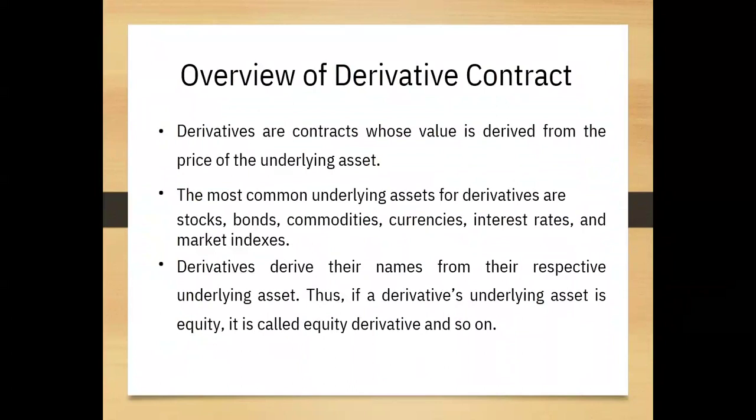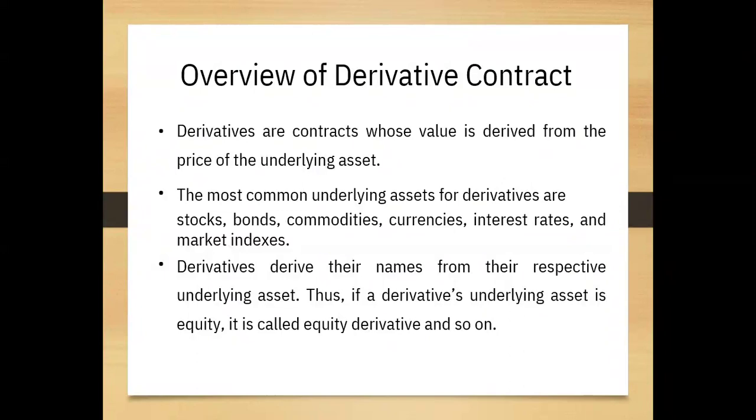The basic and common examples of underlying assets are stocks, bonds, commodities, currencies, interest rates, and market indexes. The main purpose of a derivative is to transfer risk from one person or firm to another. Derivatives derive their names from the respective underlying asset.